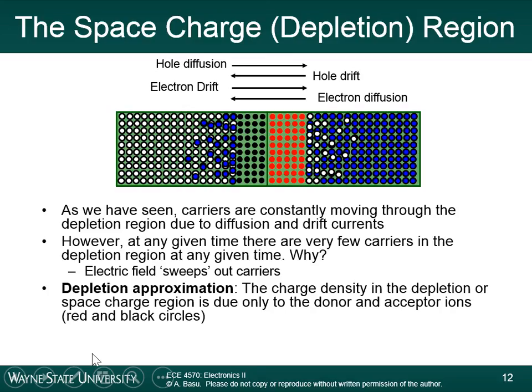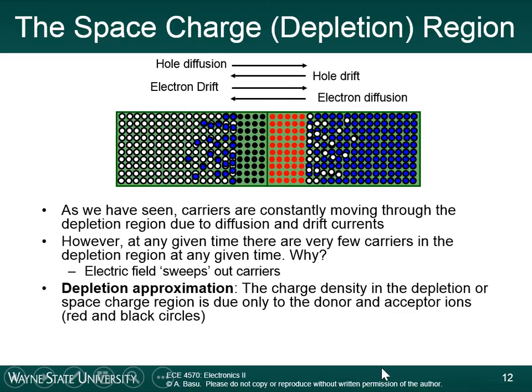As we have seen, carriers are constantly moving through the depletion region due to diffusion and drift currents. So electrons are diffusing this way, holes diffusing this way. Due to the electric field built up by the depletion region, there are also drift currents, so holes are drifting this way, electrons are drifting that way. And we said that the drift and diffusion currents are balanced.